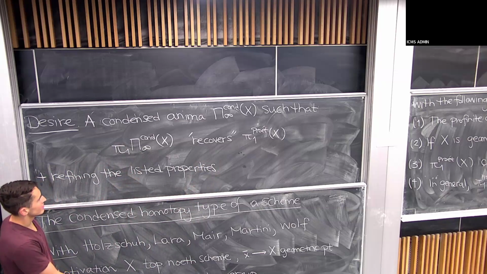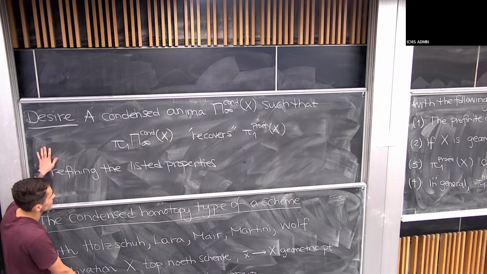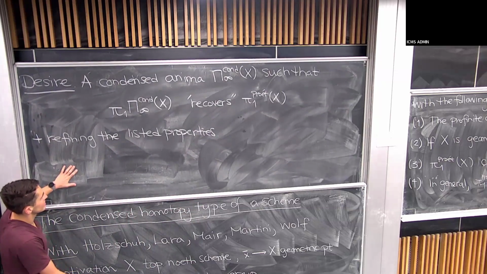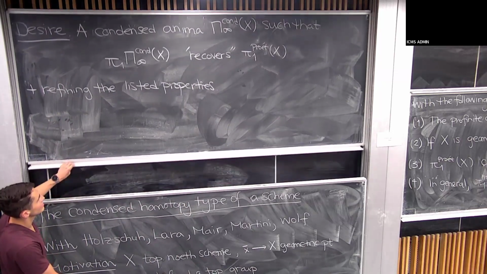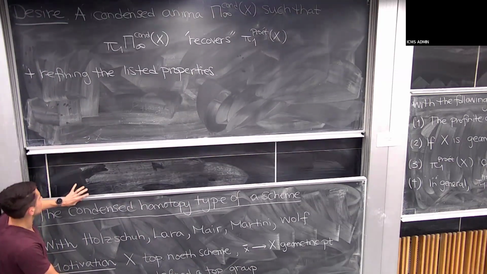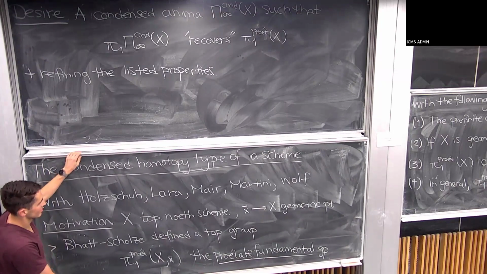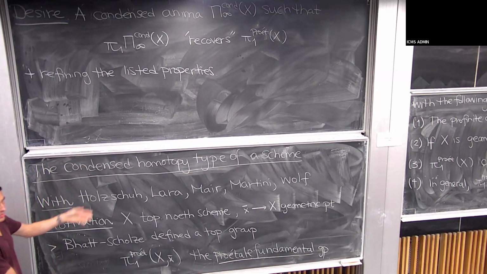And since this is a meeting of young homotopy theorists, and I think the area is not necessarily so well known, I figured I would first try to explain a little bit about how you do the Étale homotopy type, and maybe you can learn something for this.